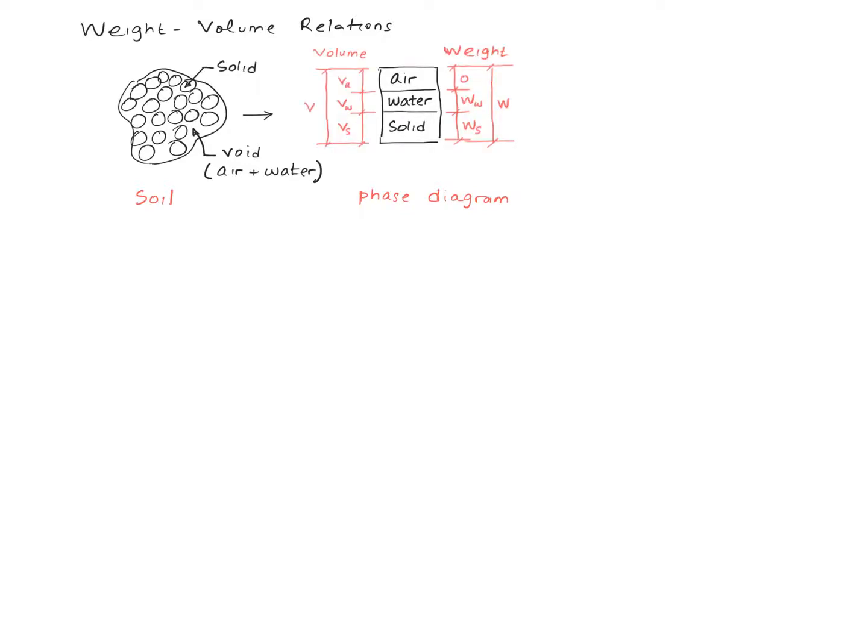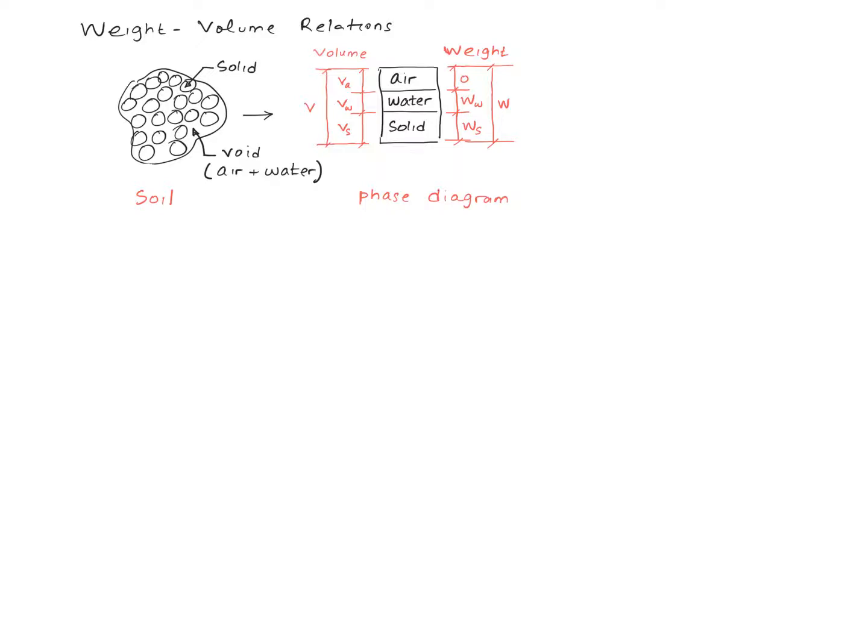I want to mark the fractional volumes on the left side and the fractional weights on the right side. V sub A is the volume of air, V sub W is the volume of water, V sub S is the volume of solid, and the total volume is V. And on the right side we have 0 for the weight of air.